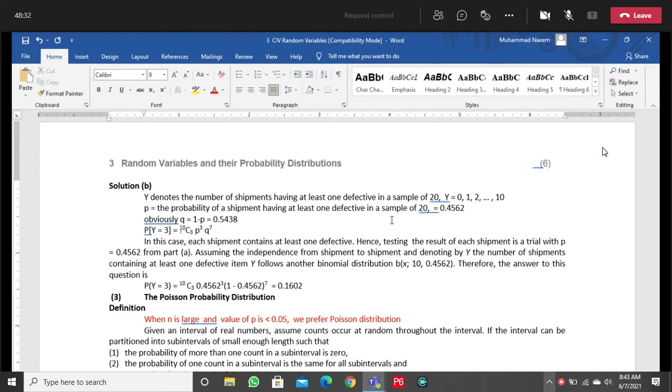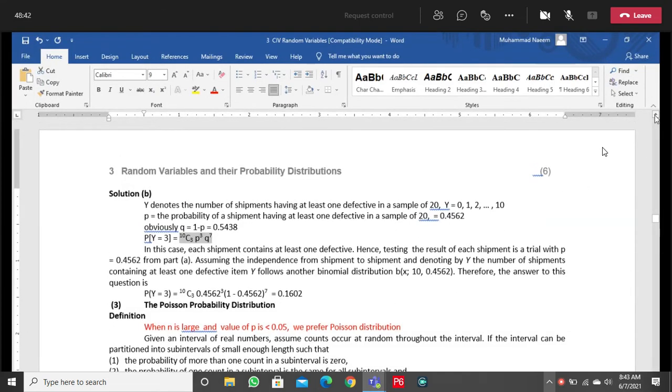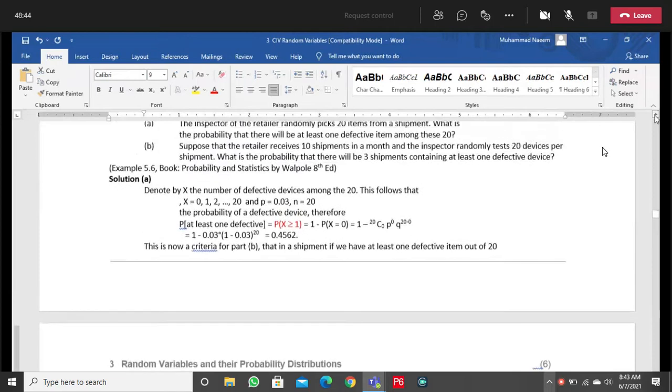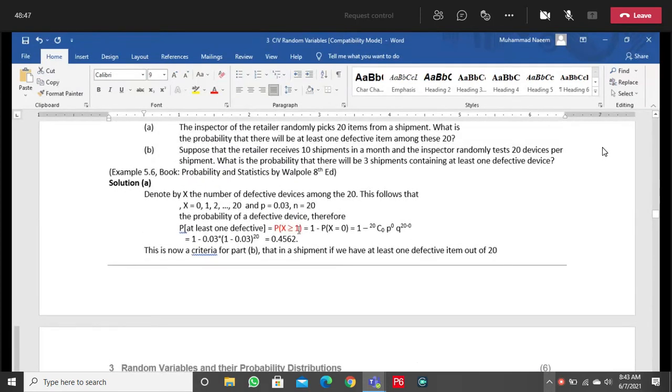Put the values of P and Q. If you have this problem in the paper, you have to solve up to this stage.